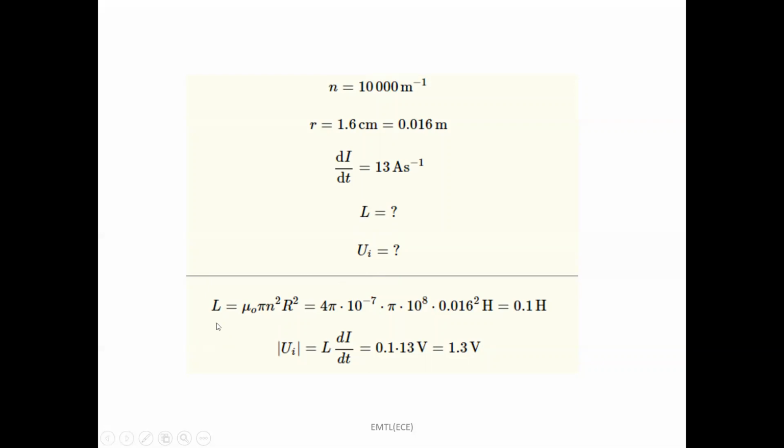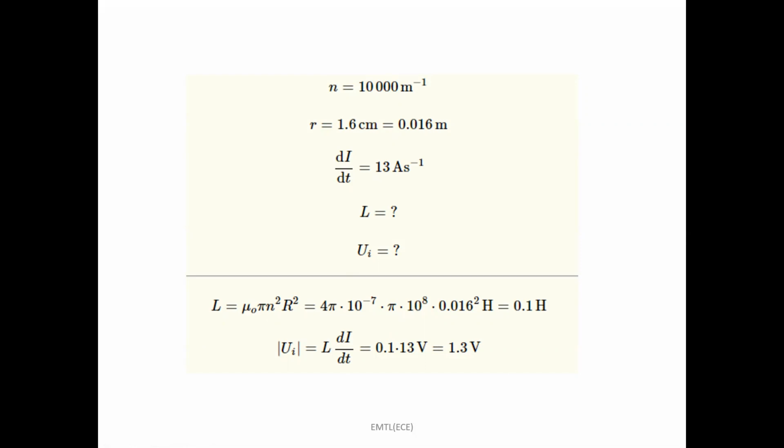We already discussed in the topic self-inductance of the solenoid that the expression for the self-inductance of the solenoid is mu naught pi n squared R squared. Here mu naught is a known constant, equivalent to 4 pi into 10 power minus 7. There is also a pi in the formula, and n squared. Here 10,000 is written as 10 power 4, so n squared is equivalent to 10 power 8.